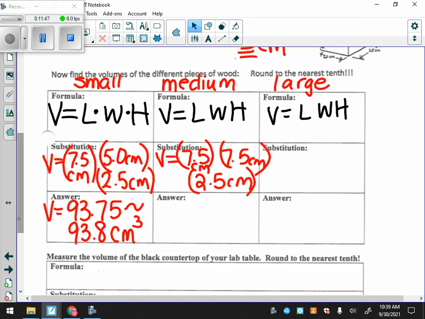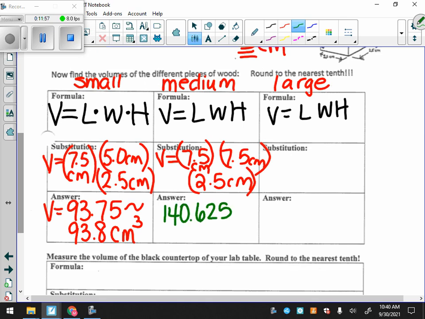Let's multiply it. 7.5 times 7.5 times 2.5 equals 140.625. Is that good? Now we have to round it to the nearest tenth. No naked numbers, centimeters, units. All right, pause so you can write it.